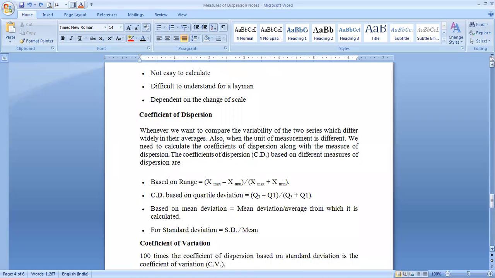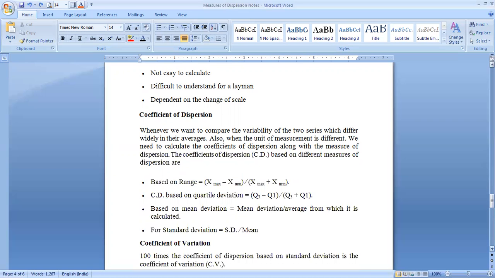Next, we take the coefficient of dispersion. Whenever we want to compare the variability of two series which differ widely in their averages, or when the unit of measurement is different, we need to calculate the coefficients of dispersion along with the measure of dispersion.